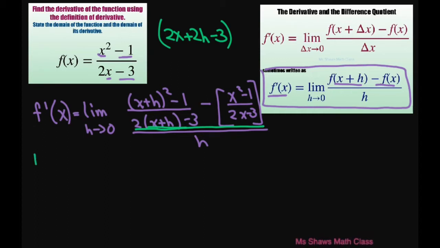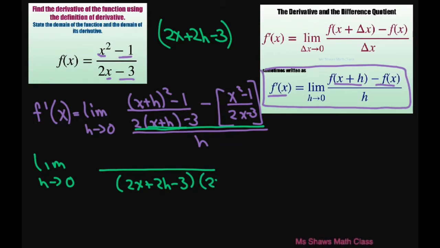So we're going to have the limit as h approaches 0, and your denominator is going to be 2x plus 2h minus 3 times 2x minus 3.